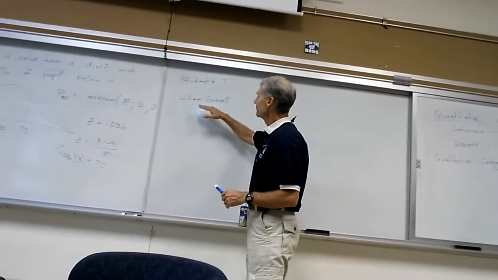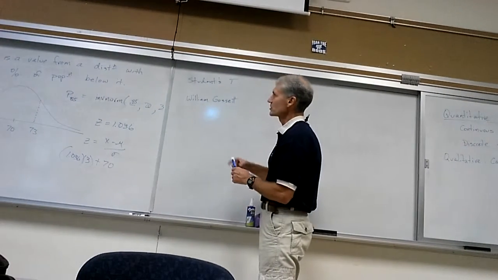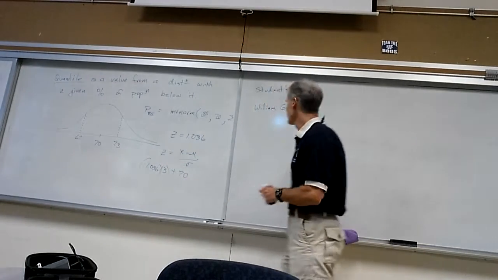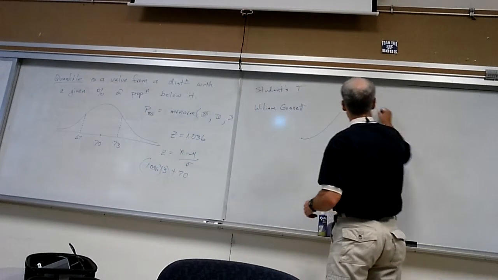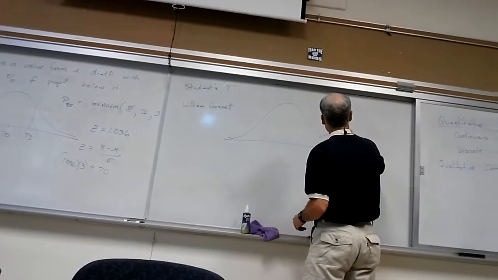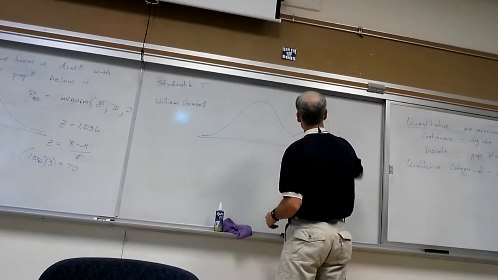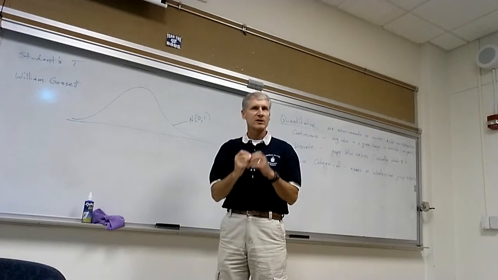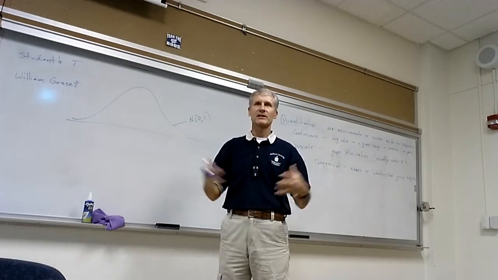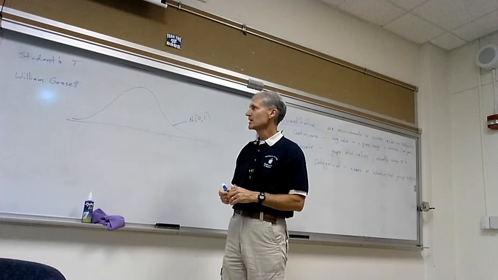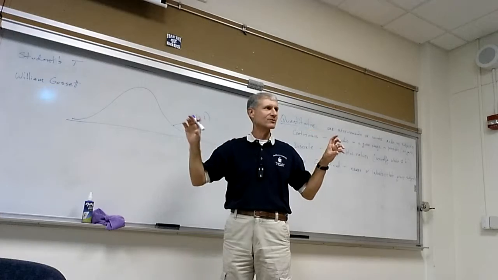But so Student's T distribution is very similar to the standard normal distribution. So if you have standard normal, this is normal 0, 1, then a T distribution incorporates extra variability. Right? So it means it has to be a little heavier in the tails.